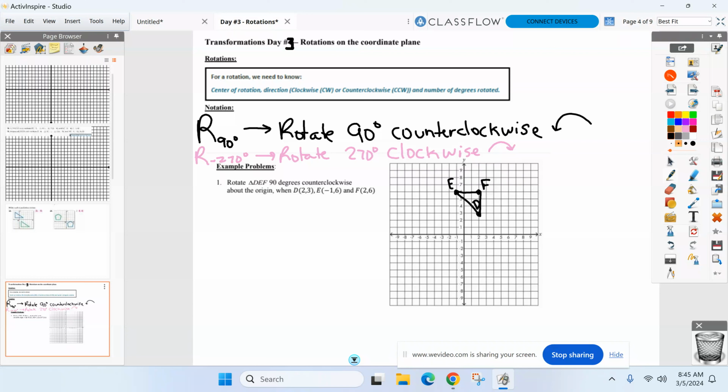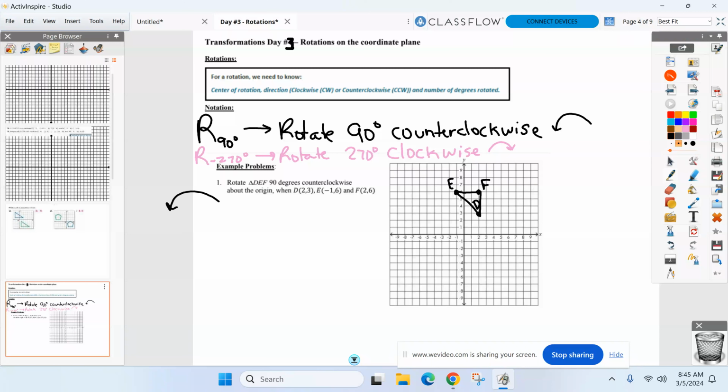All right, we all have it graphed. We're going to take this triangle, directions 90 degrees counterclockwise. So think about counterclockwise. We're going to the left, right? Take a look. E prime should end up down here somewhere in quadrant 3, and F and D should end up somewhere in quadrant 2 if I'm going counterclockwise.